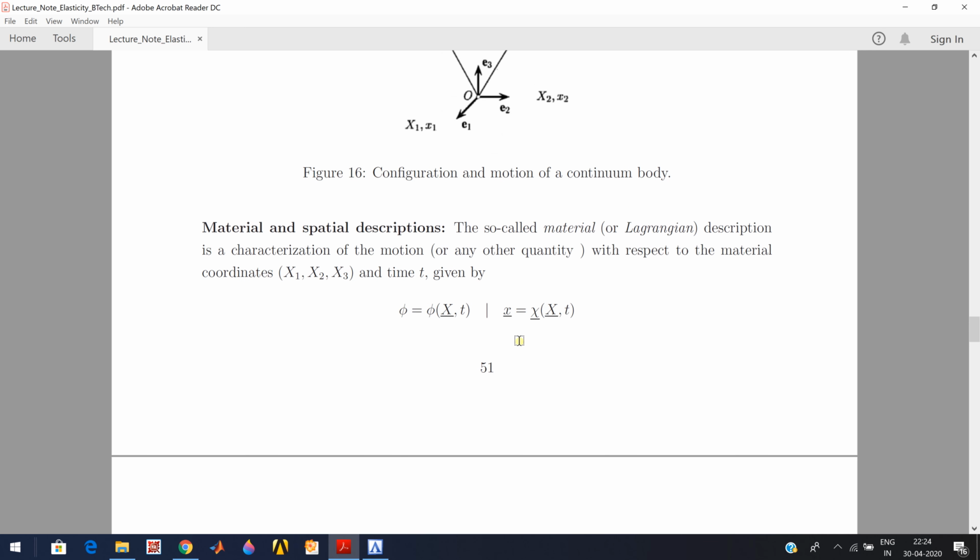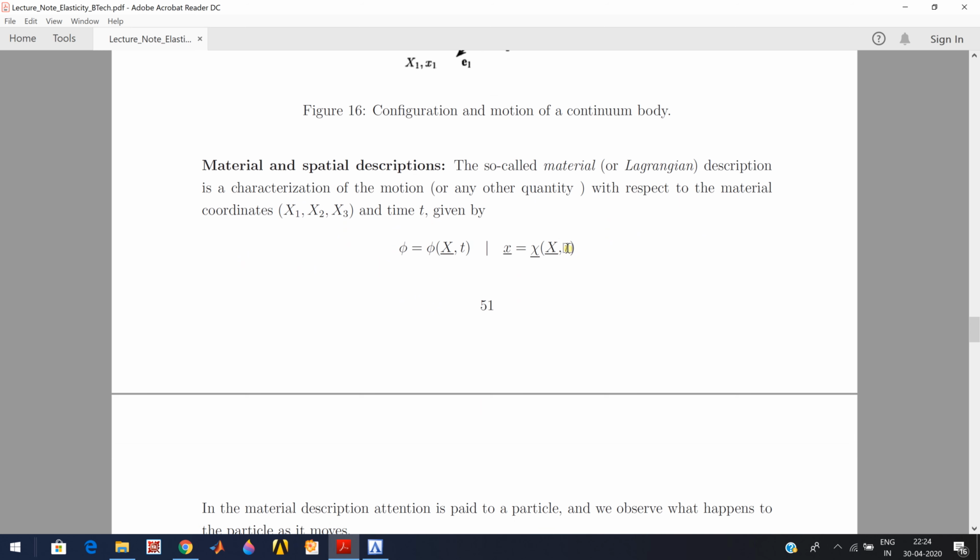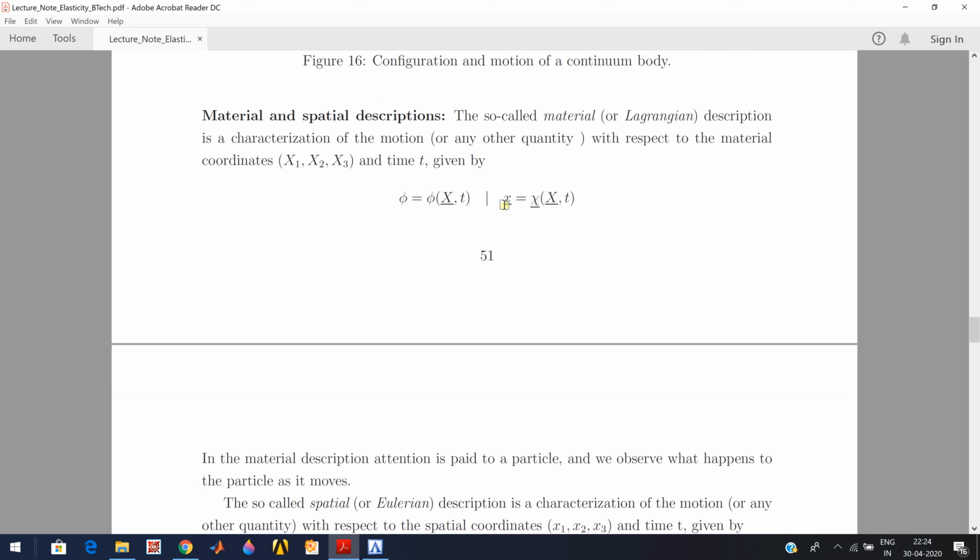This chi denotes the map from reference to the current configuration, and this is actually describing the motion, and in material description this motion is a function of the material coordinates capital X1, X2, X3 and the time t.